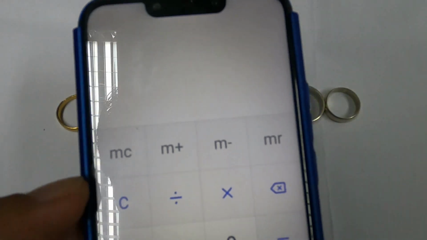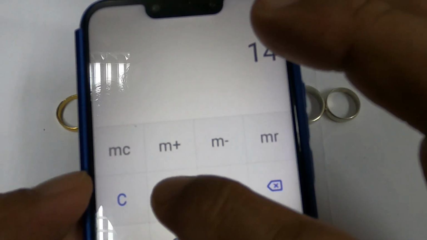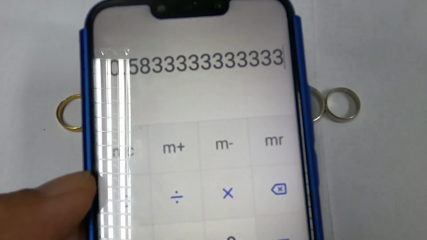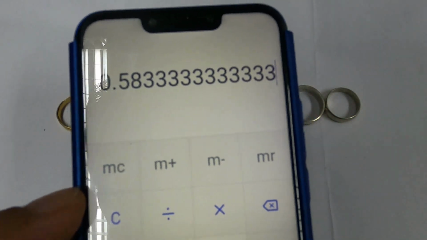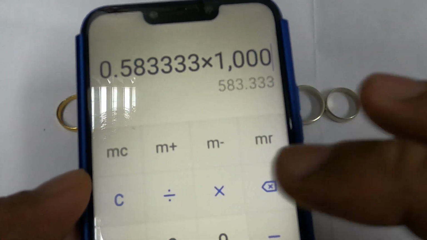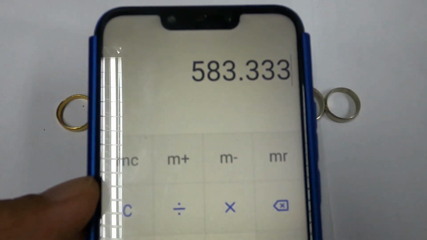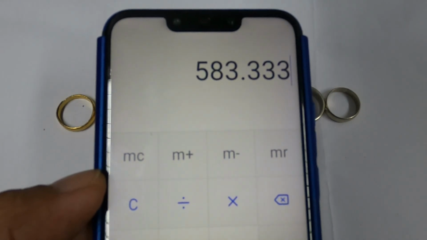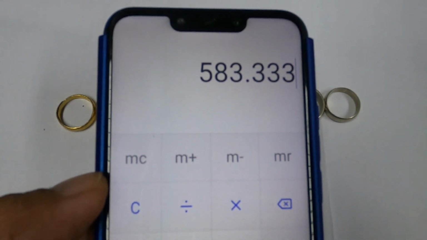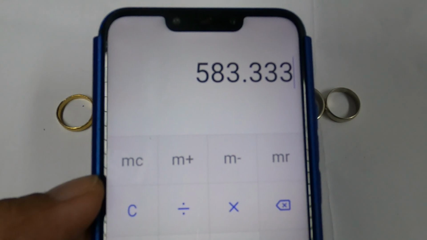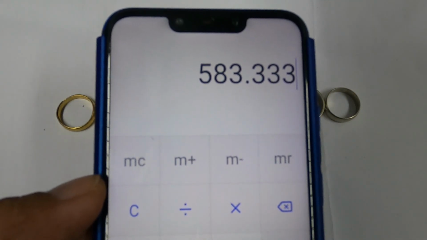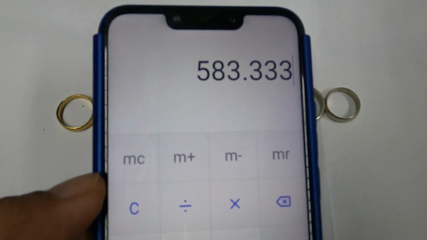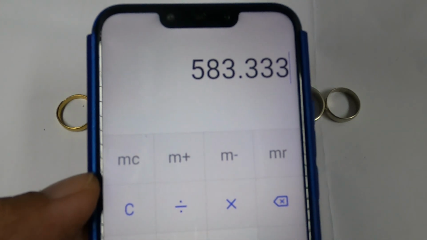Okay, now for the 14 karat gold, 14 divided by 24 is 583. Now why is it that you always see 585 on your 14 karat gold? So most of the jewelries use 585 or 58.5% gold in order to make 14 karat gold.